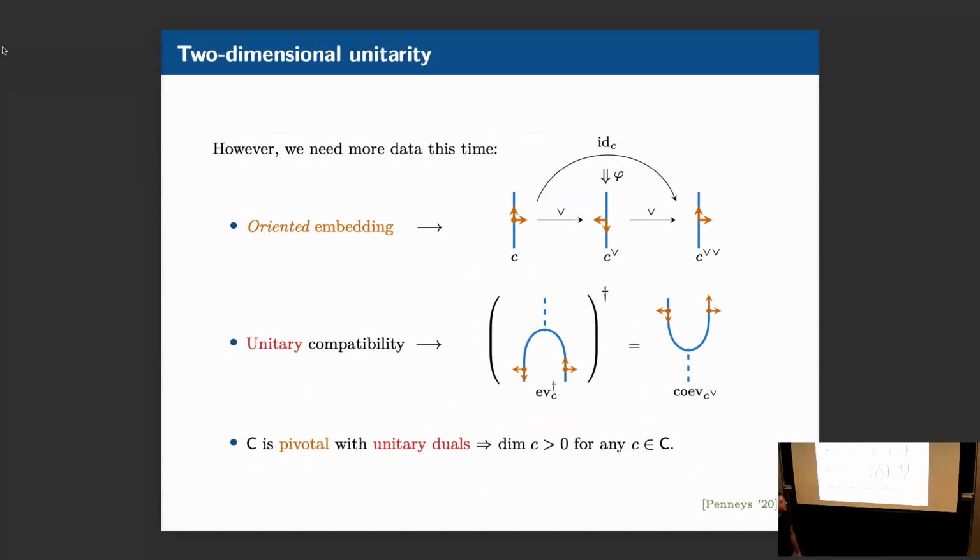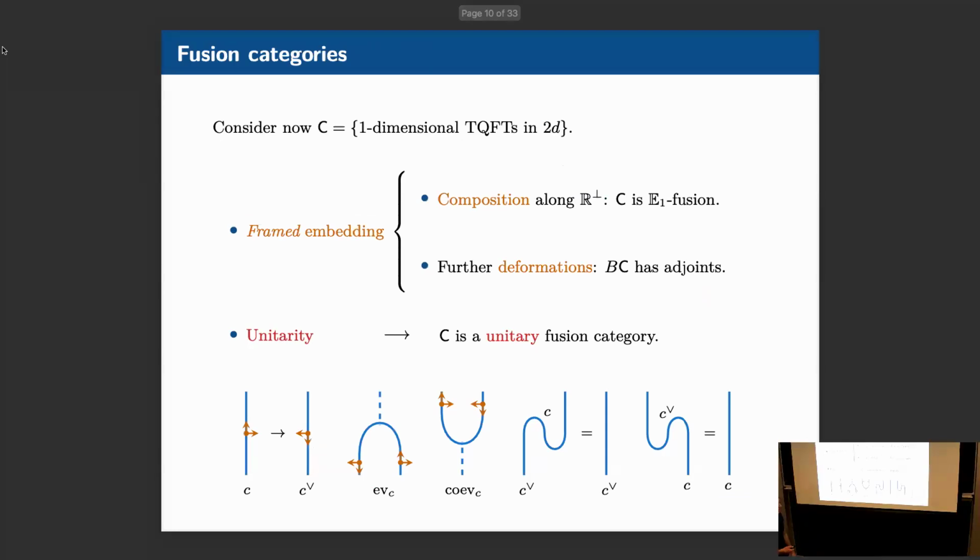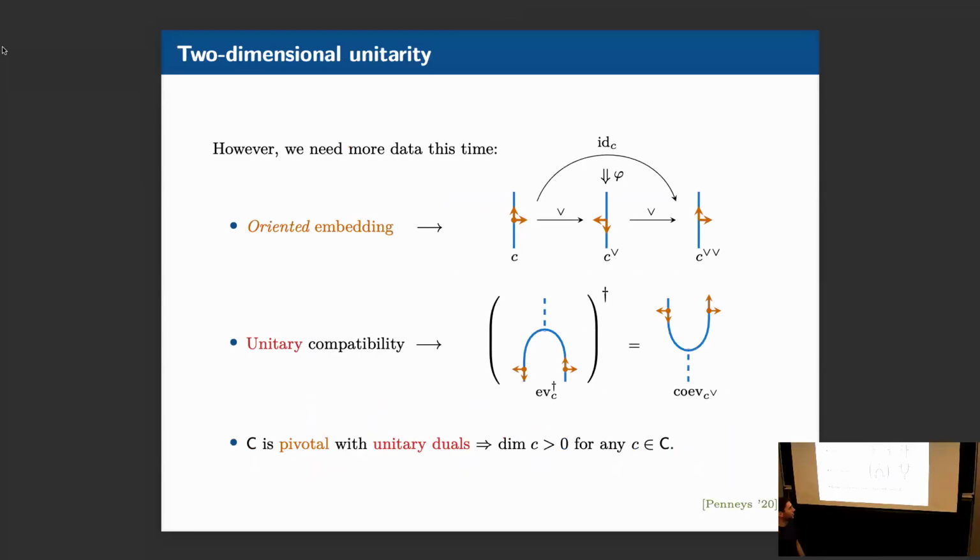Okay, but as I said, this kind of condition just guarantees that I have a good graphical calculus for a framed defect. But more generally, when we are in a two-dimensional QFT, we are worried about two-dimensional TQFTs, which are oriented. So we need to account for more data that tells us that we can actually deform our defects so that they take the orientations into account.